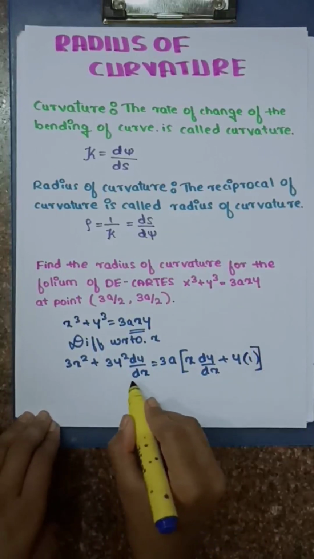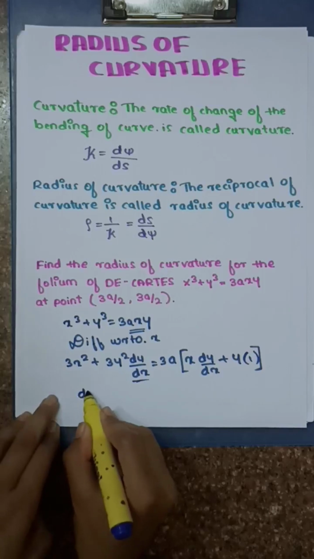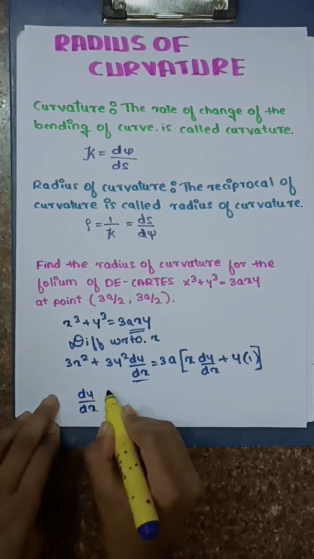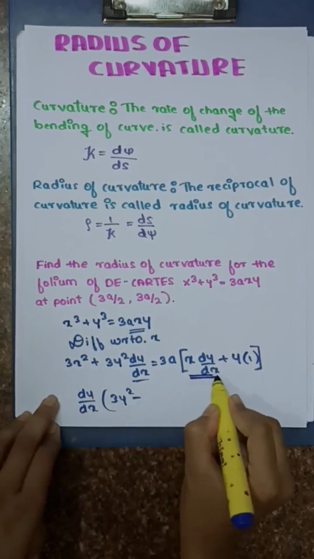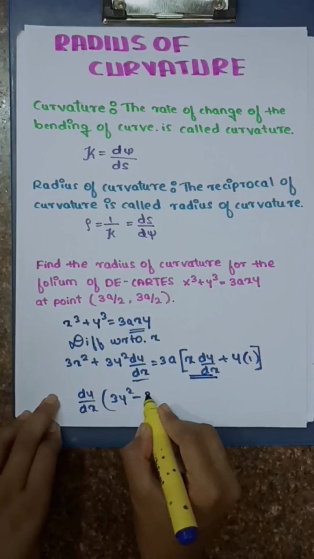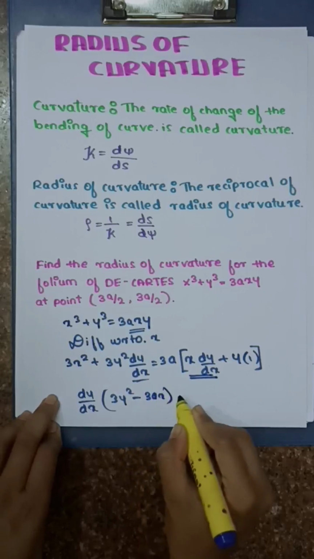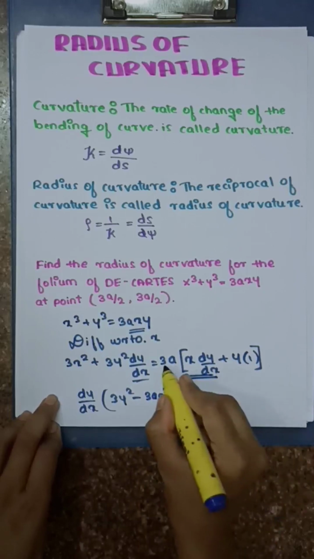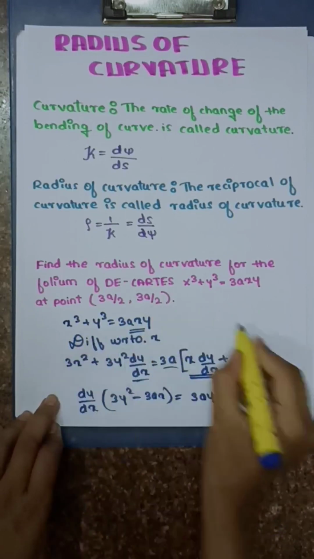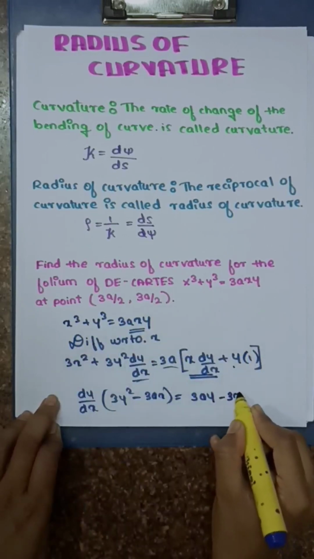So taking the terms of dy by dx to one side, dy by dx into (3y square minus 3ax) is equal to 3ay minus 3x square.